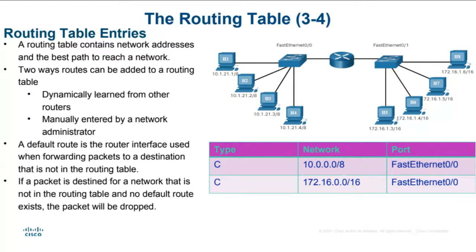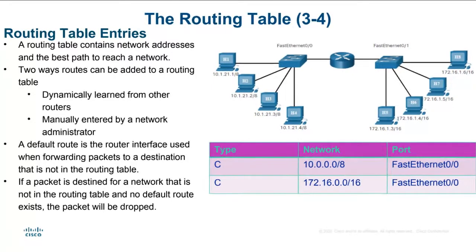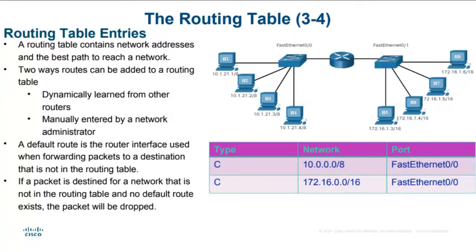A default route is the router interface used when forwarding packets to a destination that is not in the routing table. Okay, so we call this the default. If a packet is destined for a network that is not in the routing table and no default route exists, the packet will be dropped.